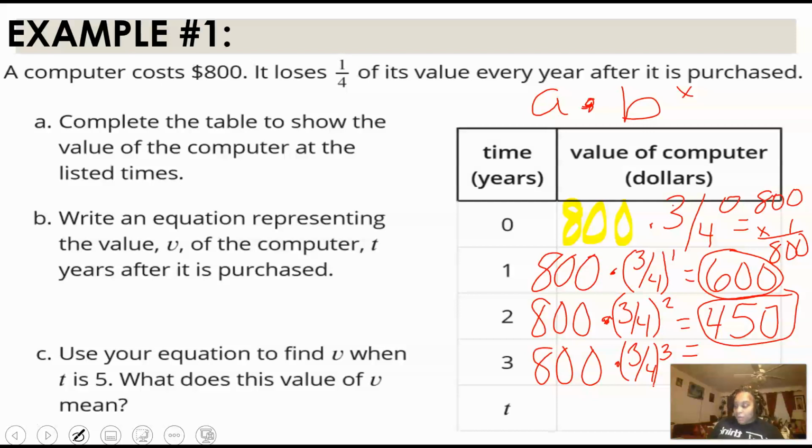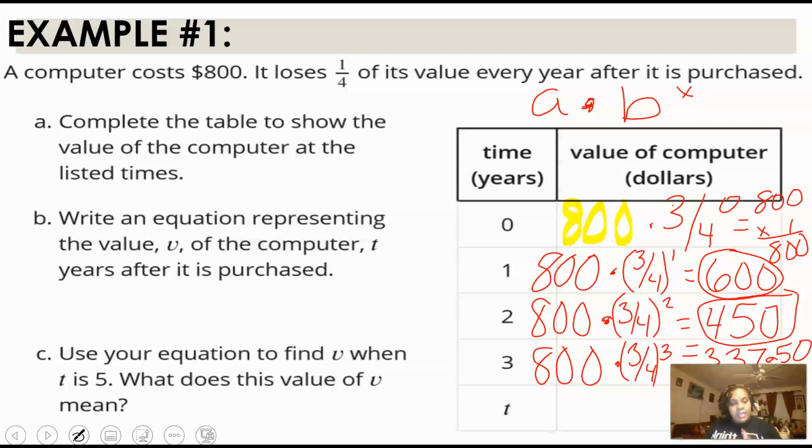And 4 times 4 times 4 is 64. So 27 divided by 64 is 0.421875, and multiply that by 800 and you have a whopping $337.50. If you have a calculator, it's okay to use it, okay?